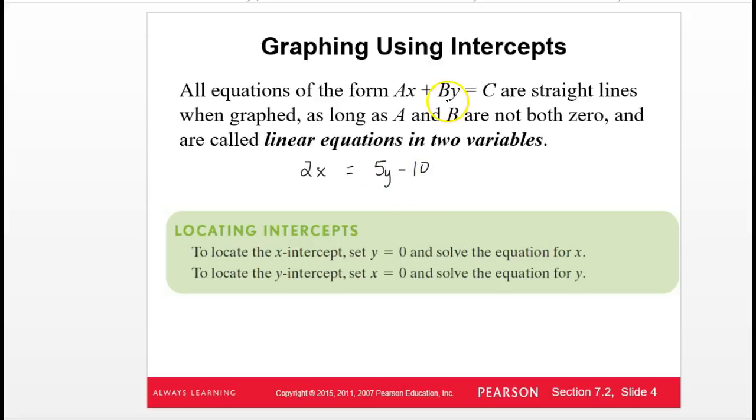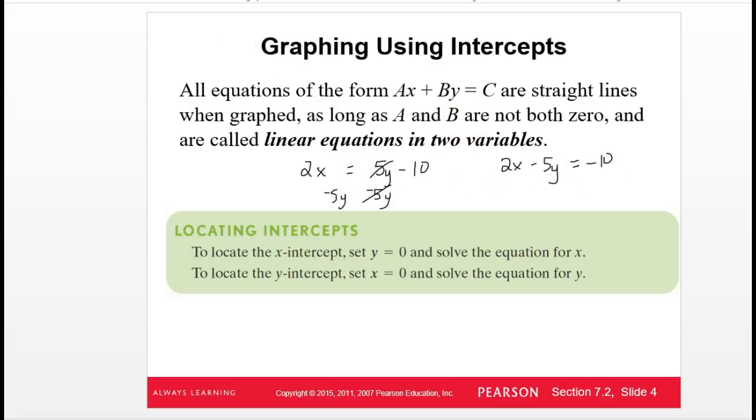That's not in that form, but I could get it in that form by subtracting 5y from both sides. Again, remember, as long as we do the same thing to both sides, we get an equivalent equation. And now I have something that does look like that. It didn't to begin with, and now it does.